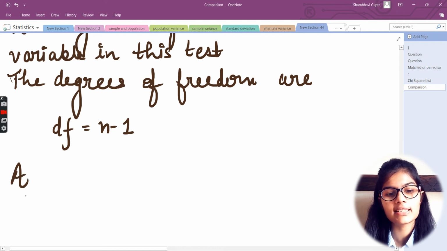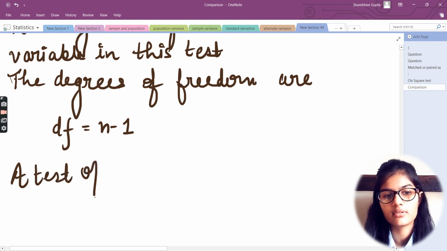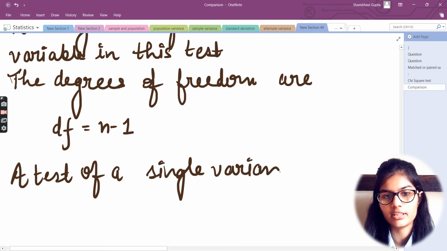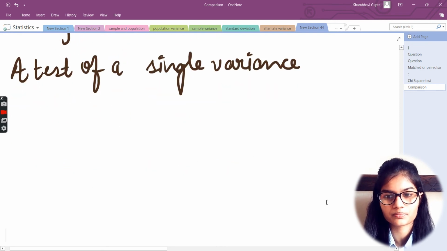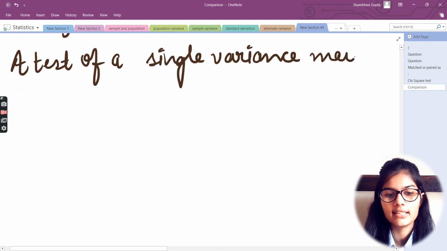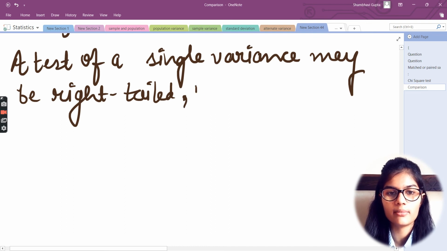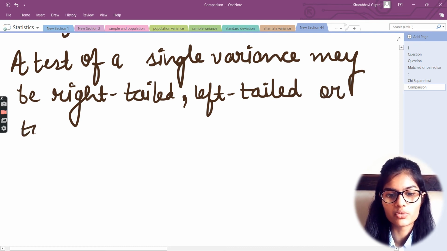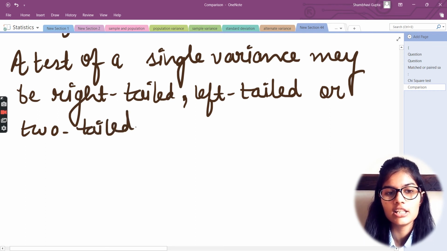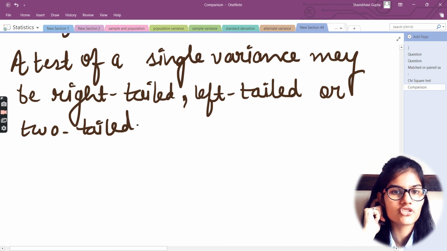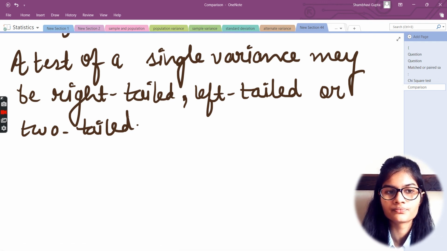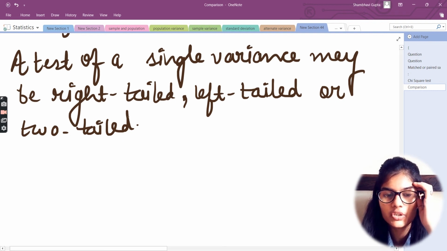Now, when we are talking about a test of a single variance, it may be right-tailed, left-tailed, or two-tailed. So there can be three conditions regarding the test of a single variance: it could be right-tailed, it could be left-tailed, or it could be two-tailed as well, right?